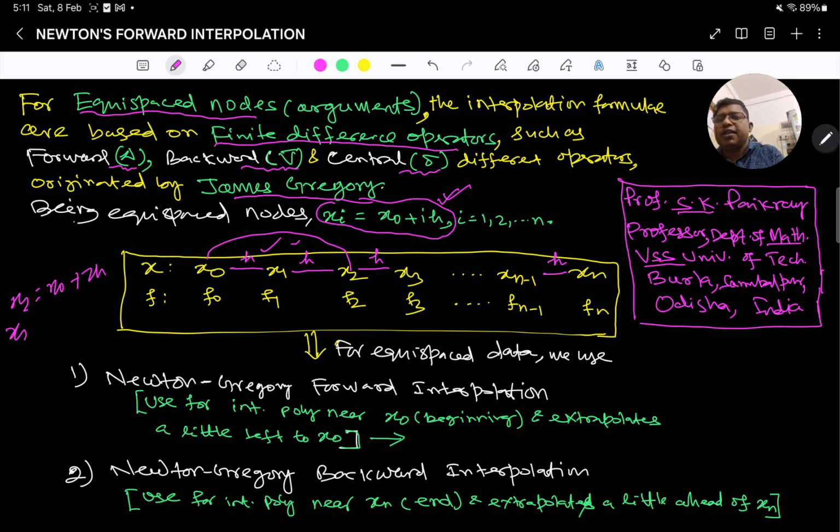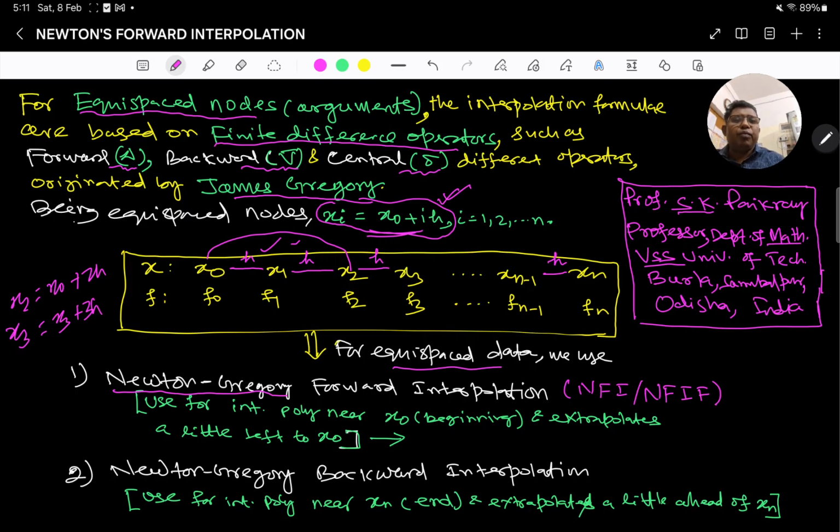Similarly, if I write x3, it will be x0 plus 3h. So this is the meaning of equispaced nodes. For equispaced data, we use the following interpolation formulas. One is the Newton-Gregory, or simply Newton's forward interpolation, sometimes called NFI, or Newton's forward interpolation formula, right?